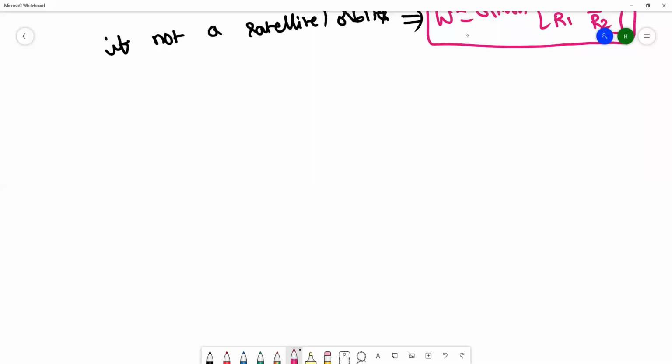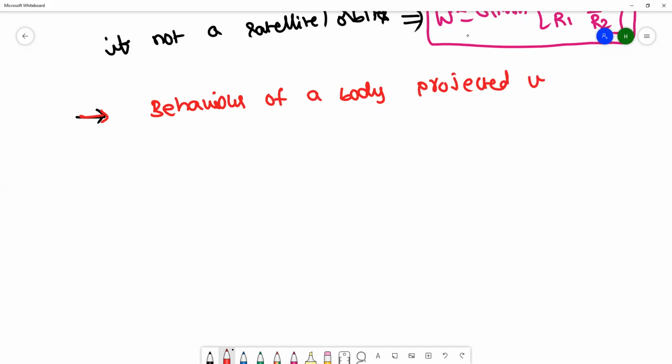And one more important concept. Most of the objective questions are likely to come from this. How does the behavior of a body projected vertically up with different velocities look?